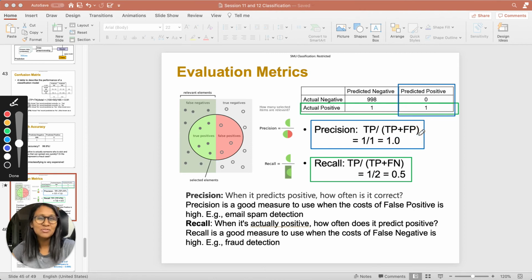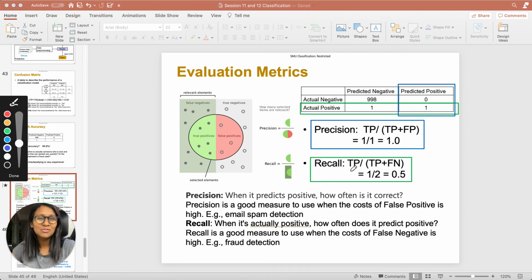Precision is telling you that for all the observations where the prediction was a positive, how many were actually positives. That is precision. So how precise is my model's prediction? And recall is saying that out of the total number of actual positives, how many of the positives were identified by my prediction.